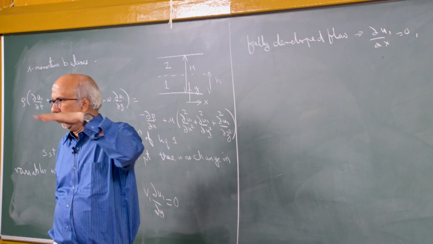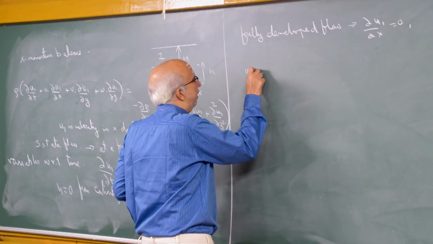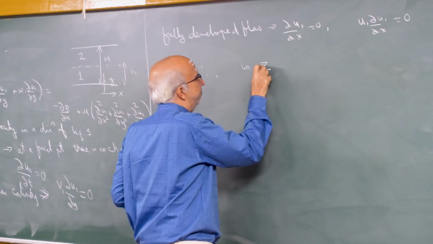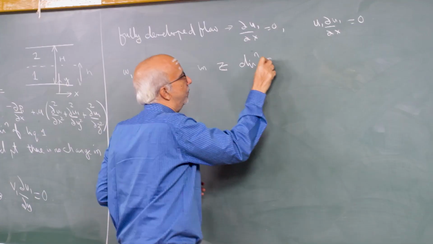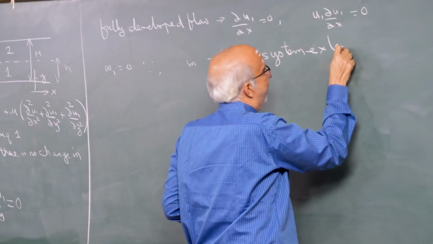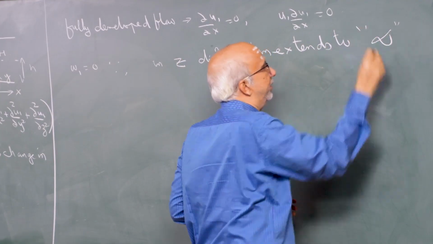And because we have assumed an infinite plate in the z direction, there is no velocity in the z direction. So, w1 is 0 because in the z direction the system extends to infinity.